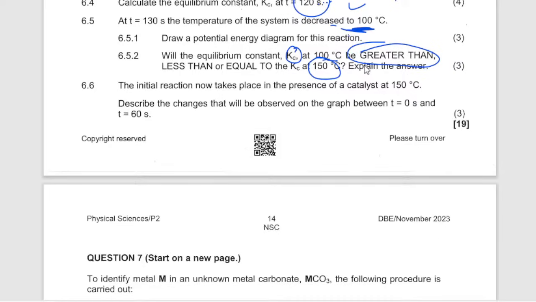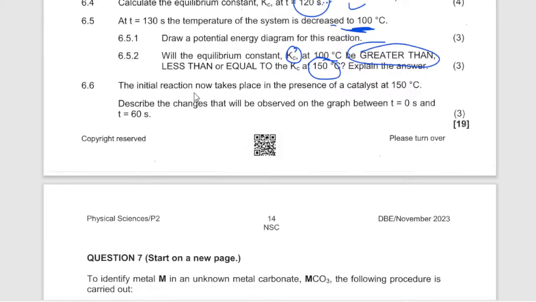It is going to be favored by a decrease in temperature, and then more products are going to be formed, and once more products are formed, the Kc value is going to increase. Don't forget that the Kc value can only be changed by temperature.